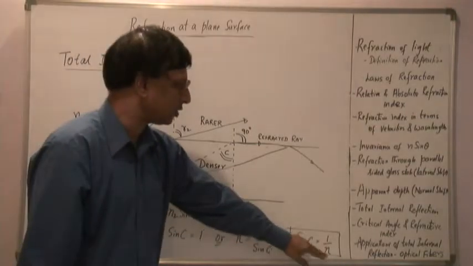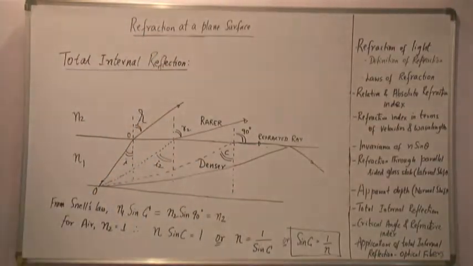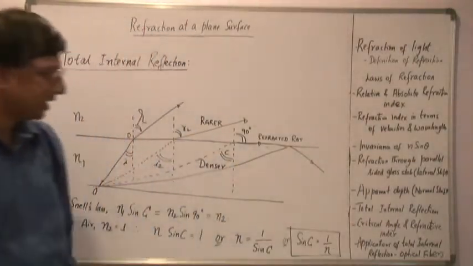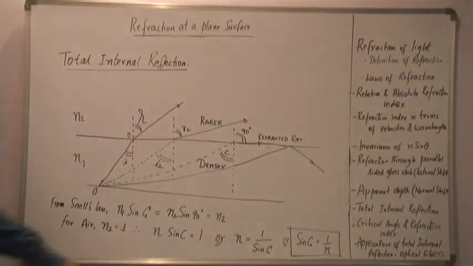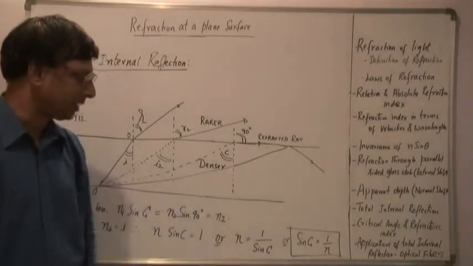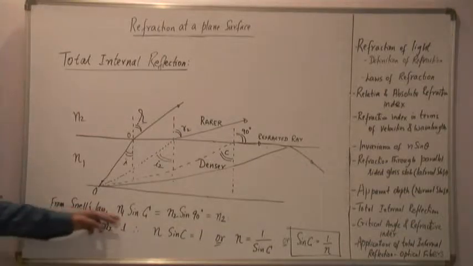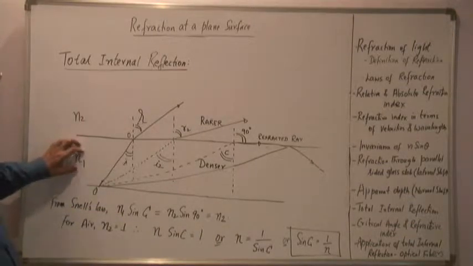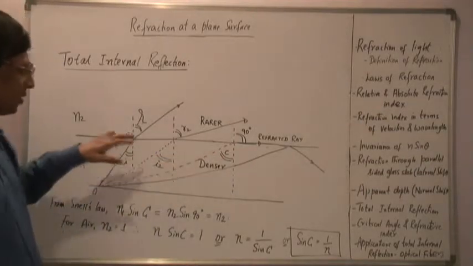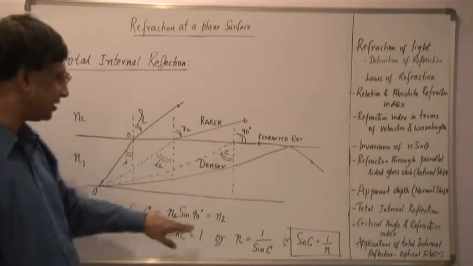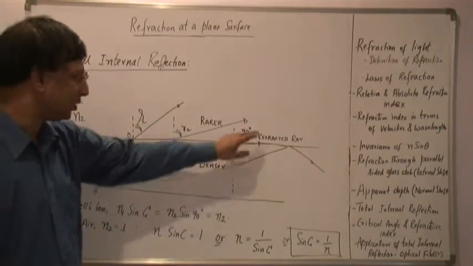So I have sine C is equal to 1 divided by N as the expression linking critical angle in terms of refractive index. Likewise, I can also state N is equal to 1 divided by sine C. Note that we just used Snell's law as the starting point, and we said N1 into sine C is equal to N2 into sine R, where R is 90 degrees here, and therefore I have it as N2.